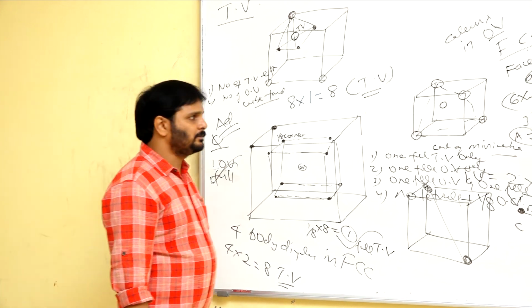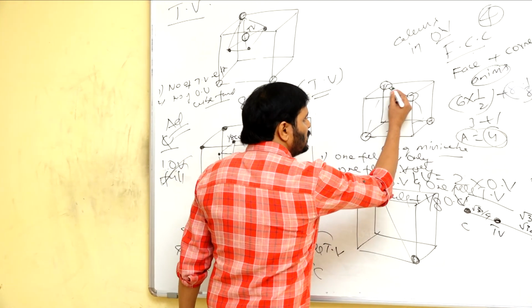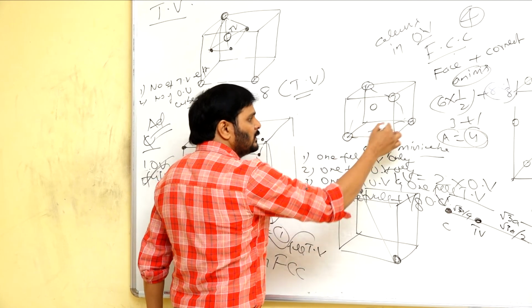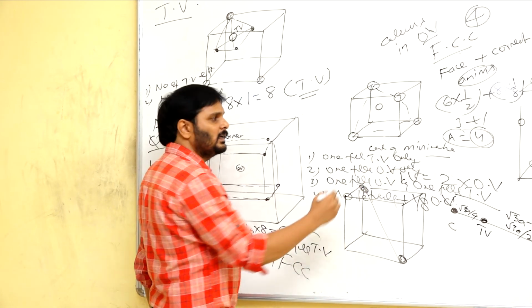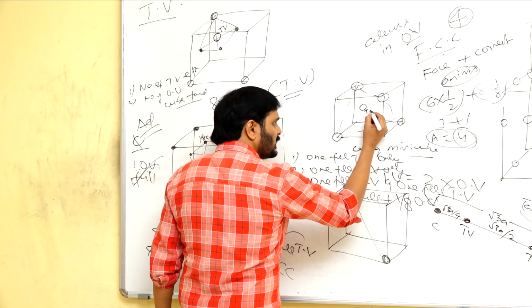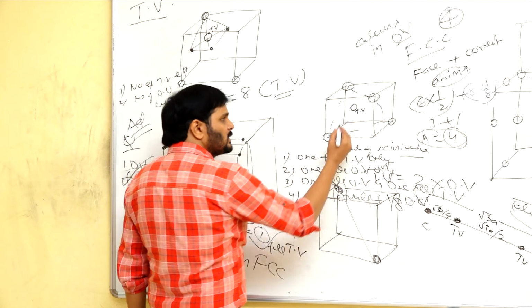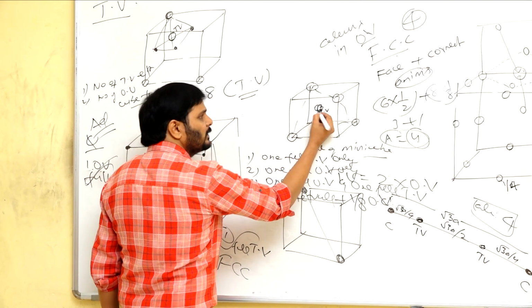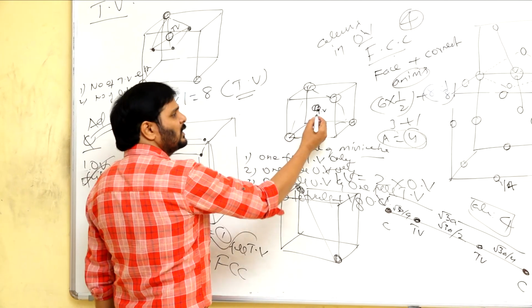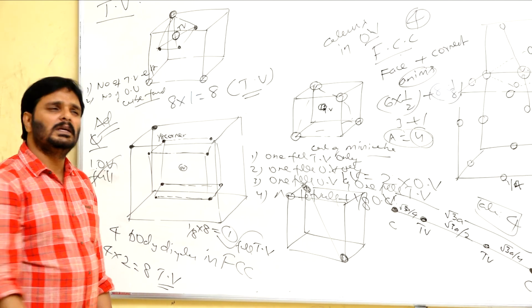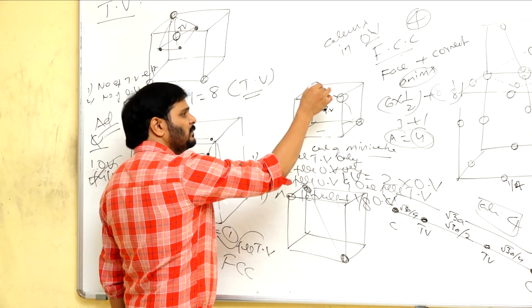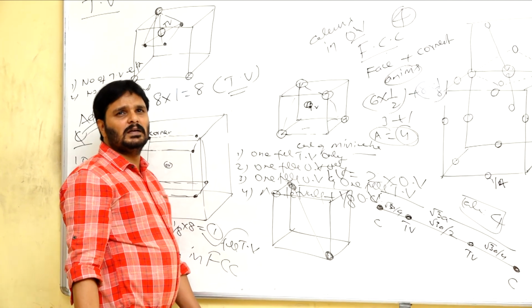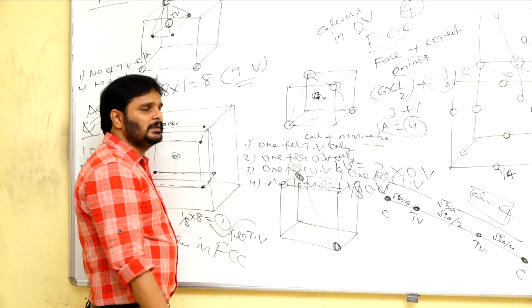Say, for example, these are the 4 atoms arranged tetrahedrally. This is known as a tetrahedral void. Suppose I am keeping an atom here, B. Its coordination number is 4 because it is surrounded by 4 other atoms.